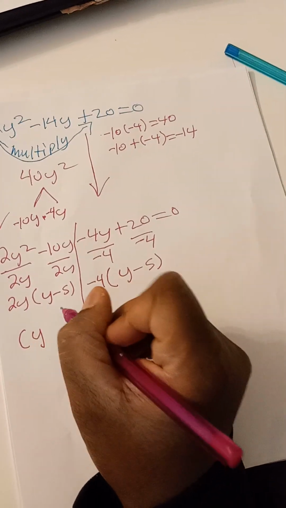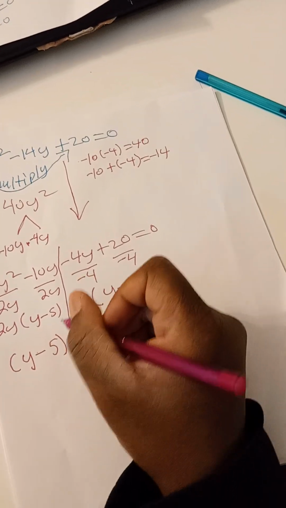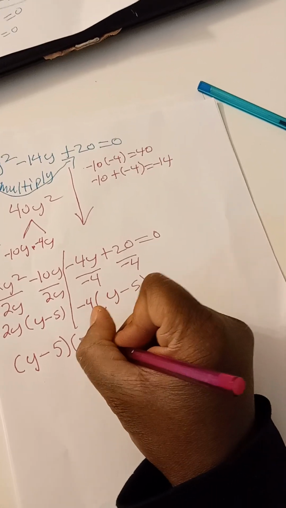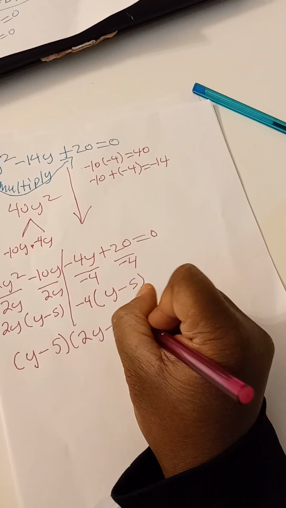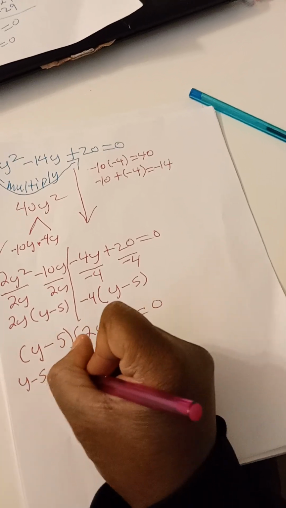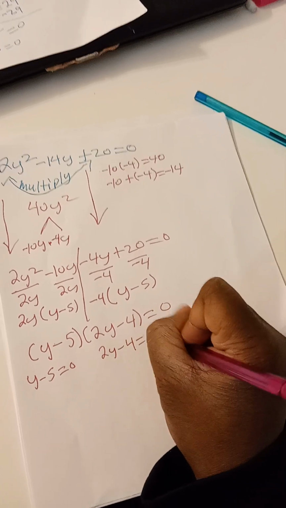So the greatest common factor will be written first. Y minus 5 is the greatest common factor, and we want to write that first, followed by the remaining factor of 2y minus 4 is equal to 0. So y minus 5 is equal to 0, and 2y minus 4 is equal to 0.